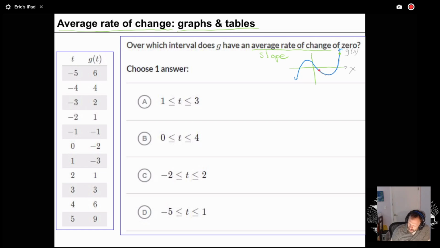Well, you look at the straight line from the salmon point to the green point. If you can find the slope of that line, that would be the average slope of the function from the salmon point to the green point.